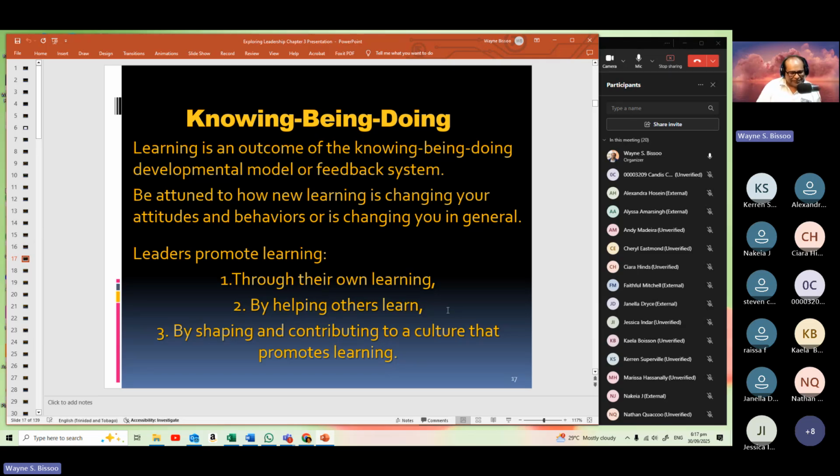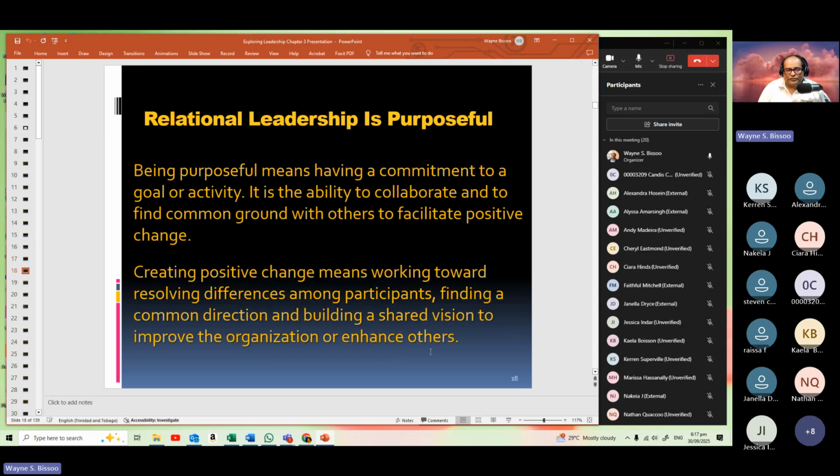Ridiculing them is not necessarily a good way to do that. By shaping and contributing to the culture that promotes learning, that means creating an environment in which learning is something that's valued, and that's a critical element that we have to pay attention to across the board. That has some problems that we have to look at.